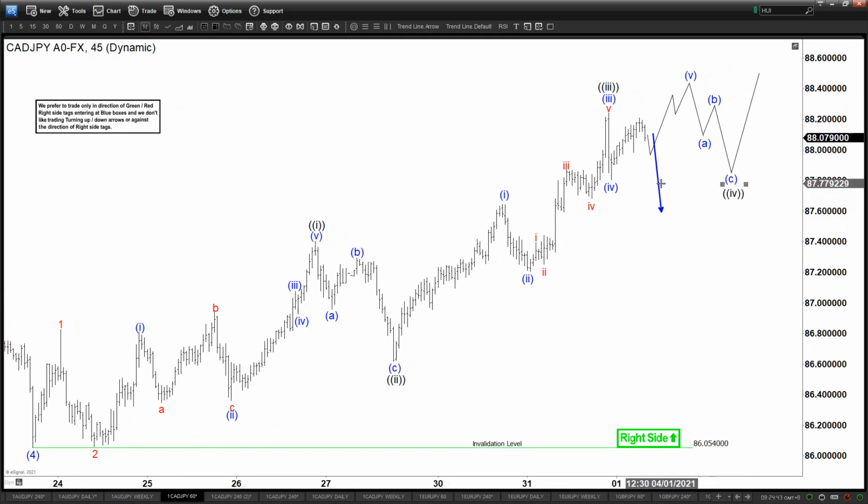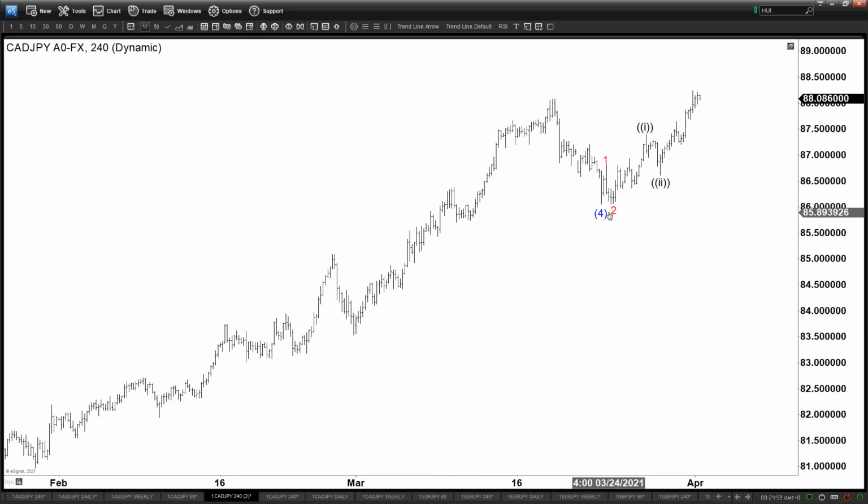All right. Now let's take a look at the larger degree to make sense of the Canadian dollar yen. If you take a look at the 4-hour, I'm gonna put this 4, 1 and 2 here so you know where we are. So this is the 4, this 1, 2, and we are about to end with 3 right here.